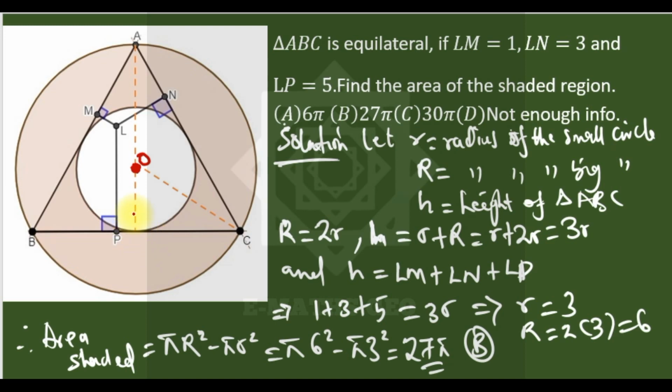And let's call here Q. And you can see that OQ is the radius of this small circle. This line acts as a tangent line, so this is 90 degrees. So this is small r, and this is big R, that's OA is big R.